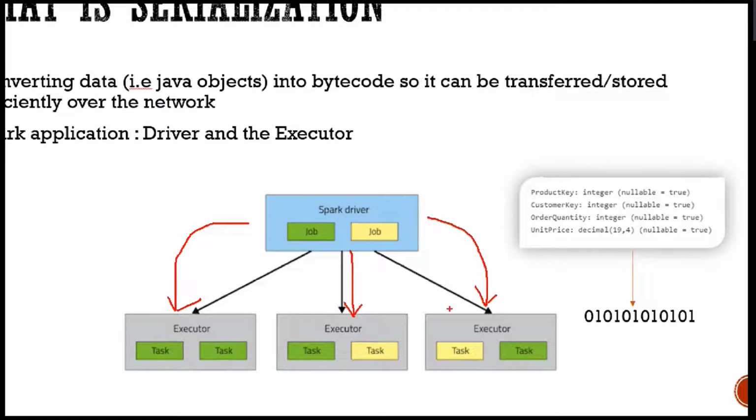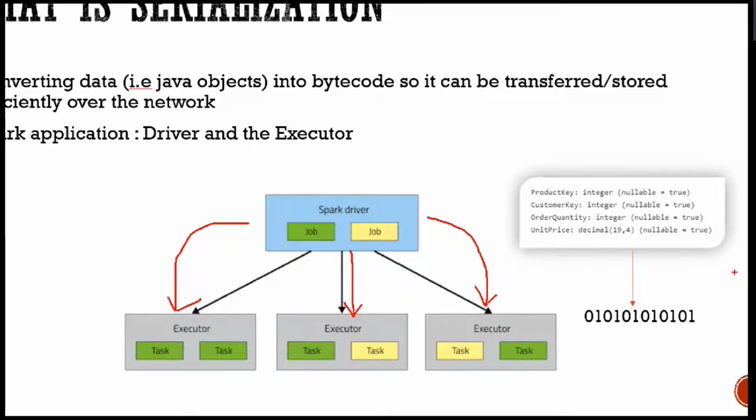Now, for the Spark driver to send it over the network, if you're working with a large data set, let's say tens of gigabytes, it has to be compact, because otherwise it's going to cause a lot of memory and network overhead. So what Spark does is it serializes it.